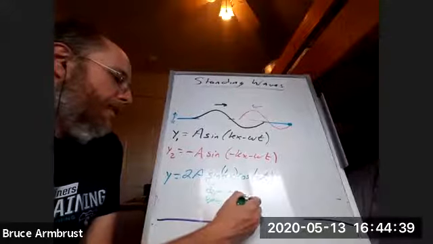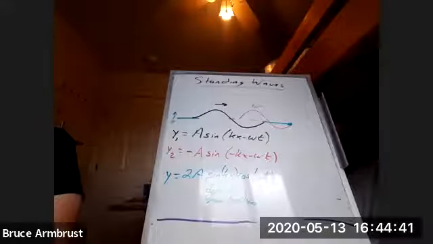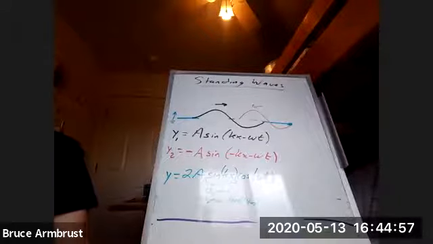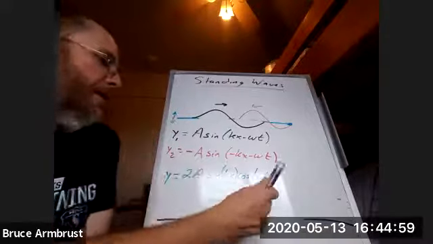So I'm going to put location. Depending upon where we are on the string will affect what kind of amplitude we have. The other part, the cosine, that one depends on time.